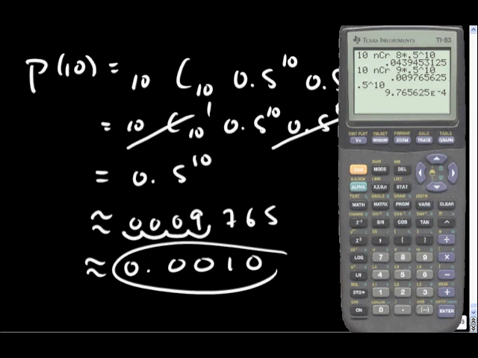So remember, at least 8, I'm going to take the 0.0439 plus 0.0097 plus 0.0010.